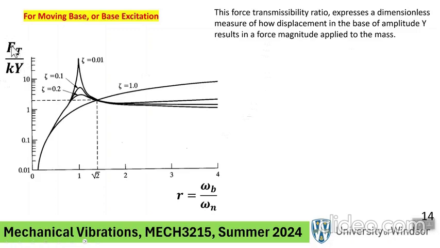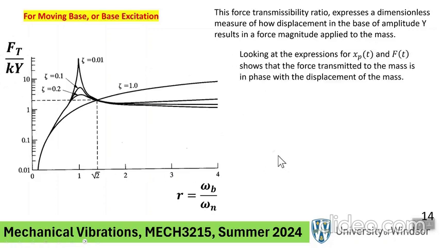You can see that. This is the amplitude of the force transmitted. This big Y is the amplitude of the base motion. So we have basically representation of the vertical axis, which is the force transmissibility, in terms of R.